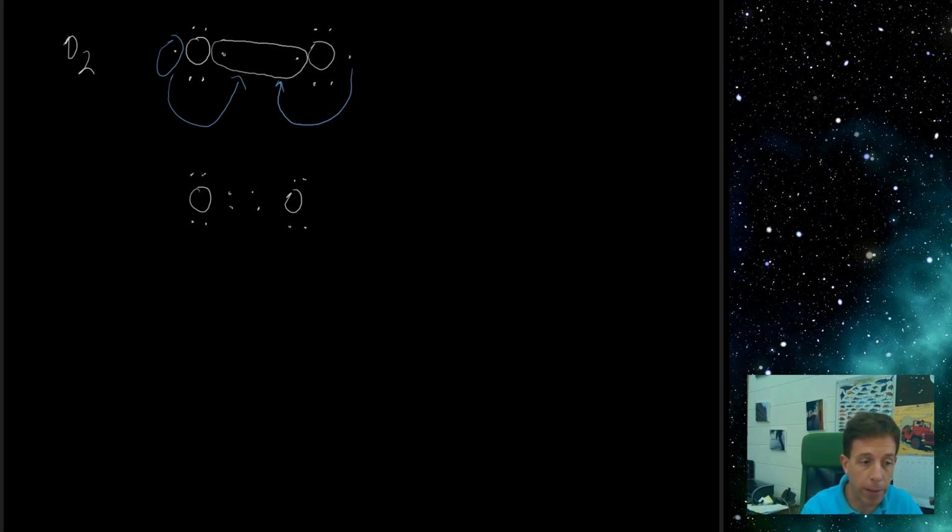So we can count the shared electrons. This oxygen atom is now surrounded by 8 electrons, the shared electrons from the bond and the lone pair electrons. So it has 8 electrons, and the other one does as well. So we can think about this one right here.